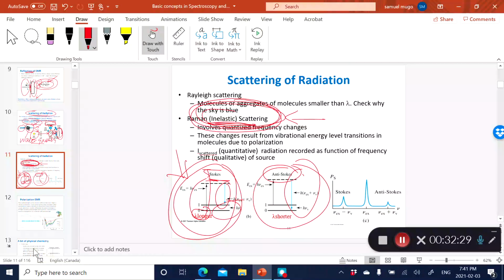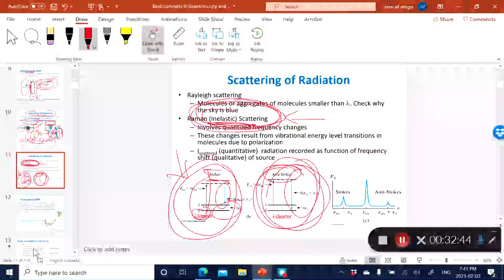But you have some materials where you can also get the anti-Stokes, although the probability is a lot less, where you get the electrons at an excited state relaxing back to the ground state and giving you a higher energy.